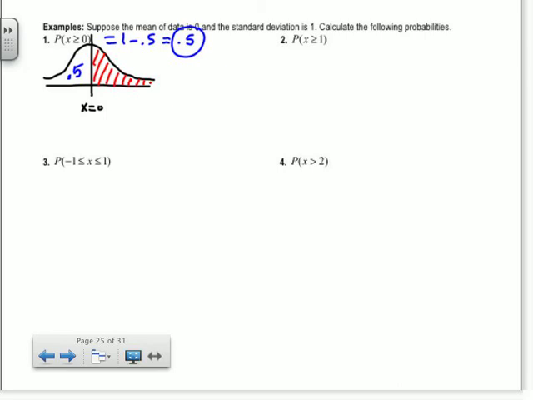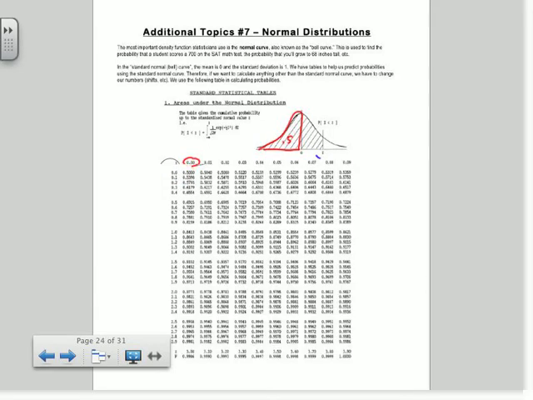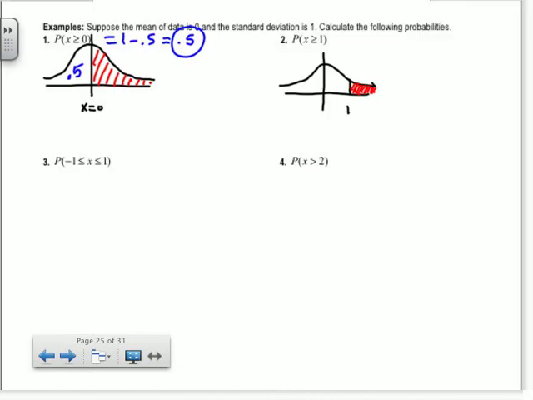Okay. What if I had the probability that x is greater than or equal to 1? Okay, here's 1. We want everything greater than or equal to 1, so we went right there. Okay, so let's look at our chart. Mason's saying 0.84, and we are going to use that number. Do you guys see where he got that? So go down to 1.0. Here's 1.00. It's this number right here. That's 0.8473.